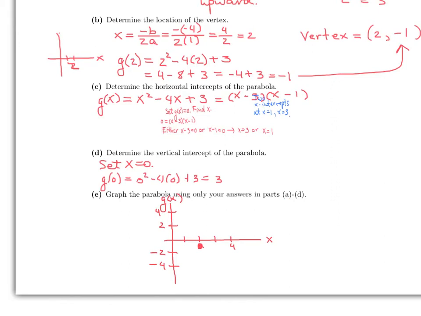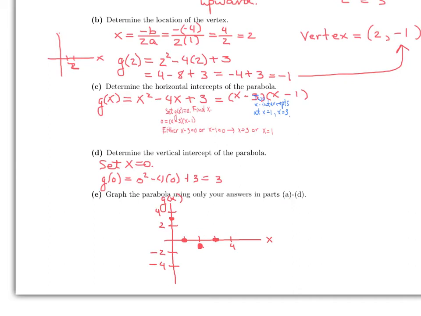In part C, we determined the horizontal intercepts of the parabola, or the x-intercepts in this case. They are located at x equals 1 and x equals 3. So here and here. In part D, we determined the vertical intercept of this parabola, and that is at 3. So the graph crosses the vertical axis at 3.